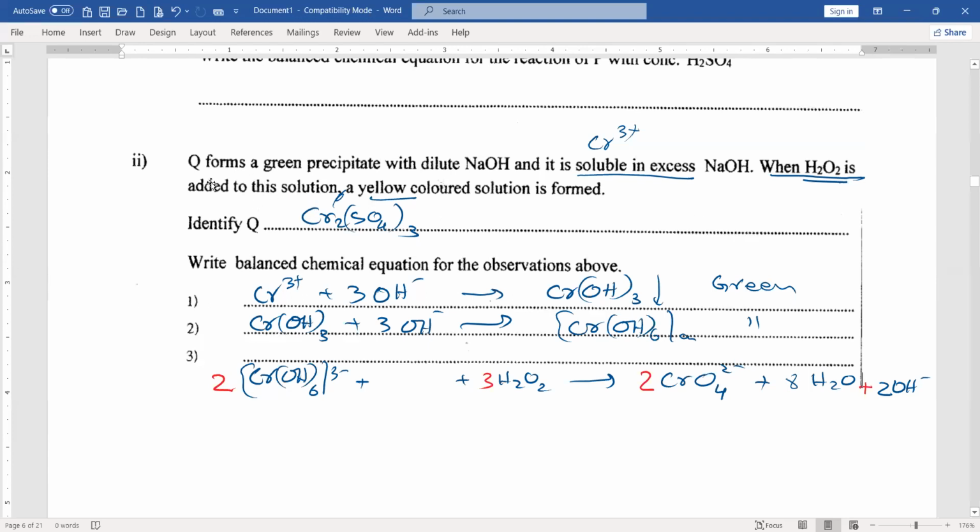If you assume the solution they are talking about is Q, then again you can write it this way, with Cr3+ available in that. Then the medium is basic because we are adding sodium hydroxide. Then we add H2O2, without me considering that basic medium.